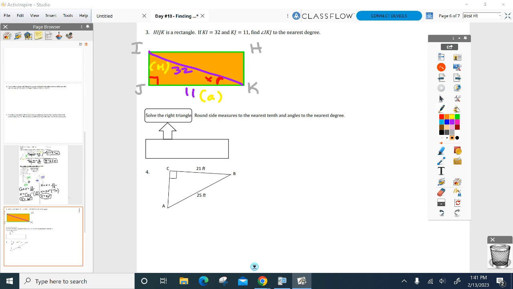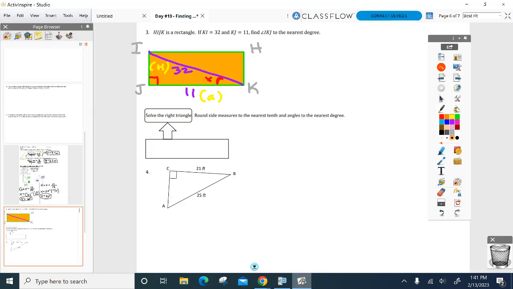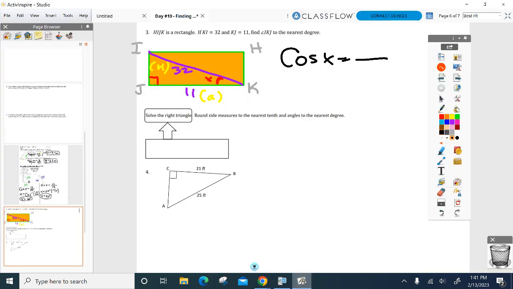And with those two values, I can use which ratio up here? Adjacent, hypotenuse. I can use cosine. Yep. So cosine x. Give me a good order of the numbers for the ratio. 11 over 32. Yep.